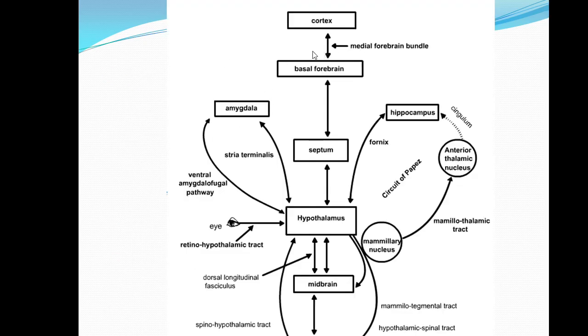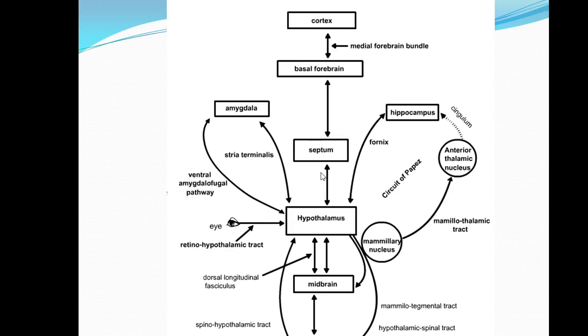This diagram summarizes the connections of the hypothalamus, which is connected to and fro with the limbic system, the amygdala, through the stria terminalis and ventral amygdalofugal pathways.